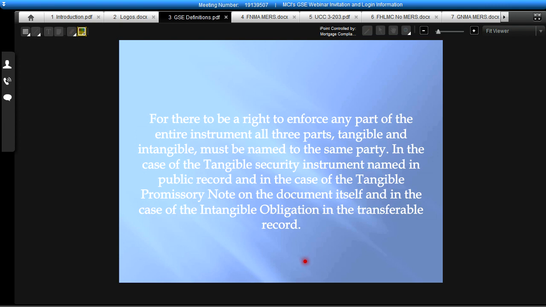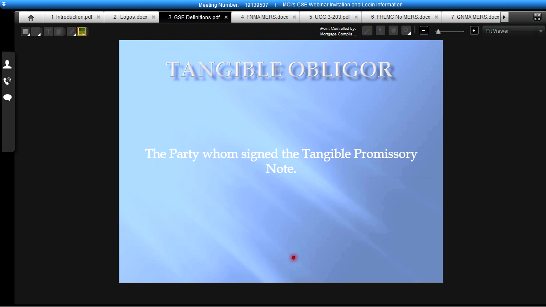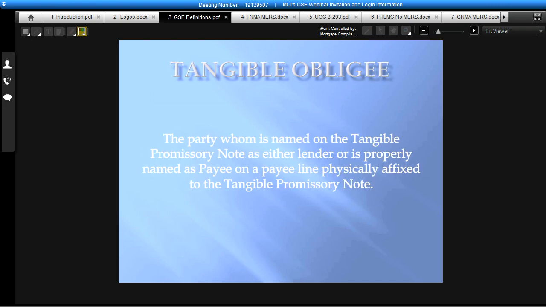Tangible obligor, the party whom signed the tangible promissory note. Tangible obligee, the party whom is named on the tangible promissory note, either as lender or is properly named as payee on a payee line physically affixed to the tangible promissory note.